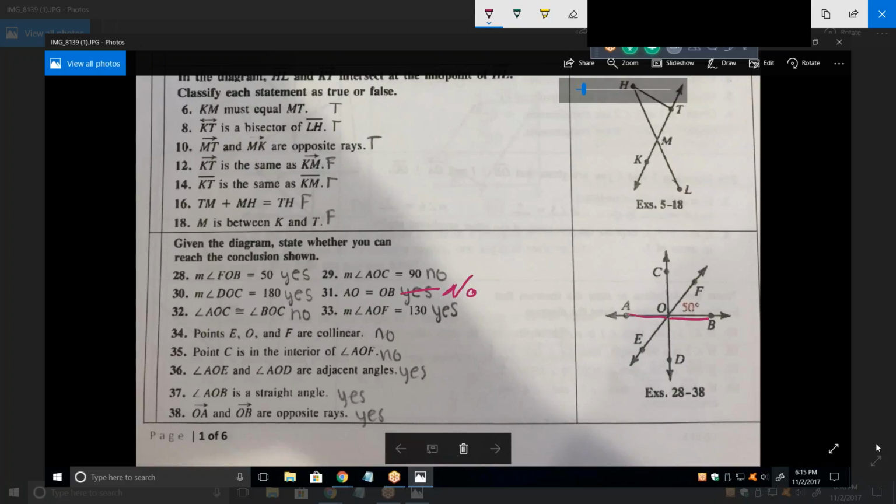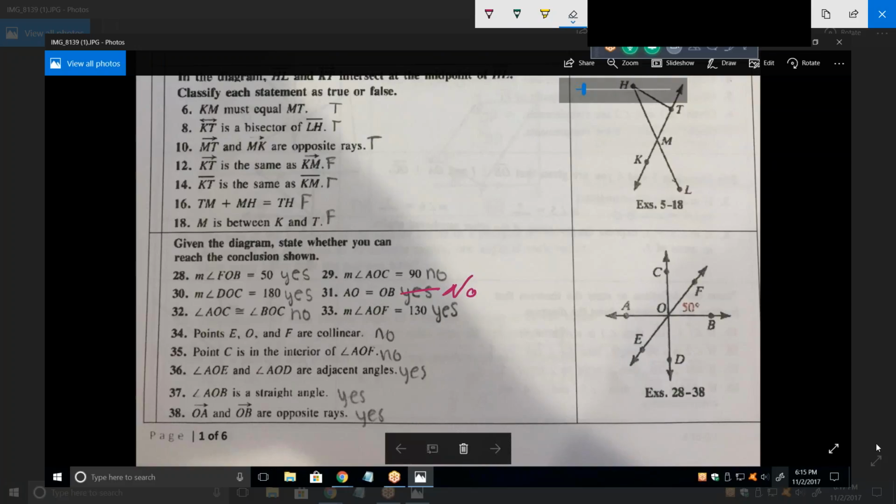Merely because we don't have any information that indicates that it's yes. You can't reach a conclusion unless you have some sort of proof. At this point, there's not a lot of information they've given us. Unless I'm missing something here, they've given us 50 degrees and that's it.